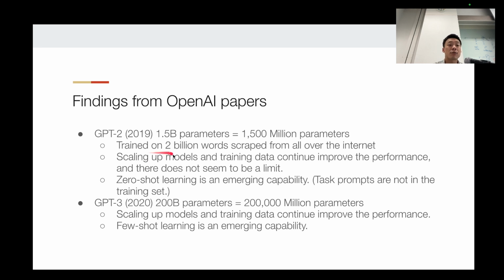So we call it large language model. And then GPT-3, which is 1 year over, they made it even bigger. It's 200 billion parameters now. So they scaled up even more on the data, on the number of parameters, and also the compute, as in the training time and the computing power that they use.